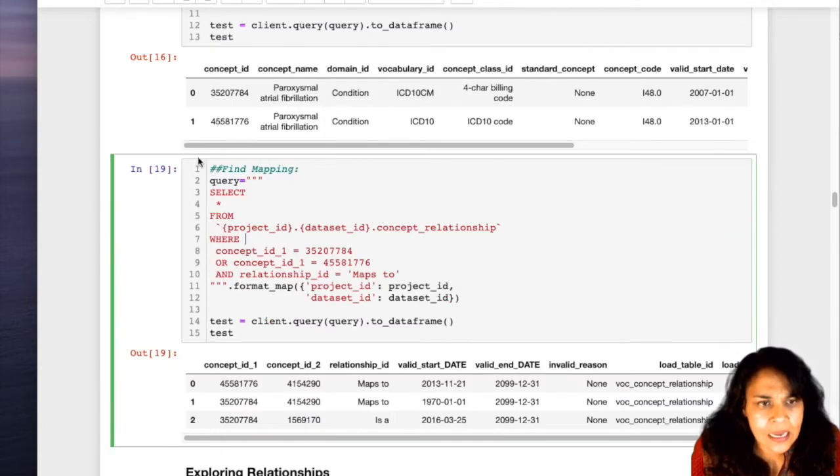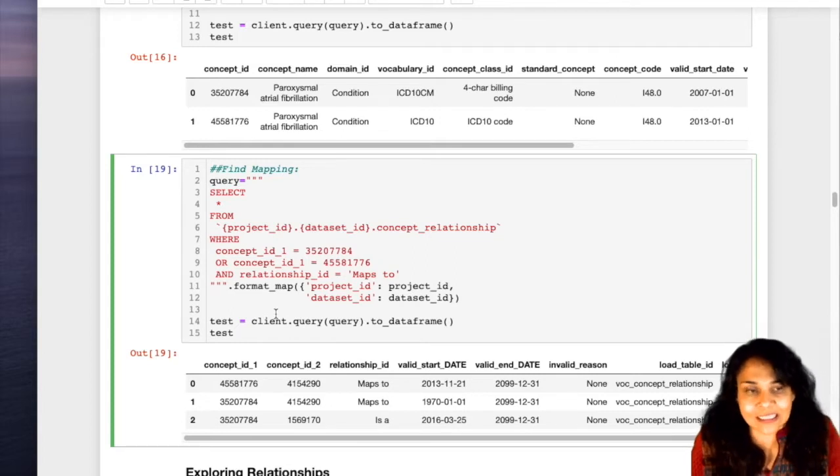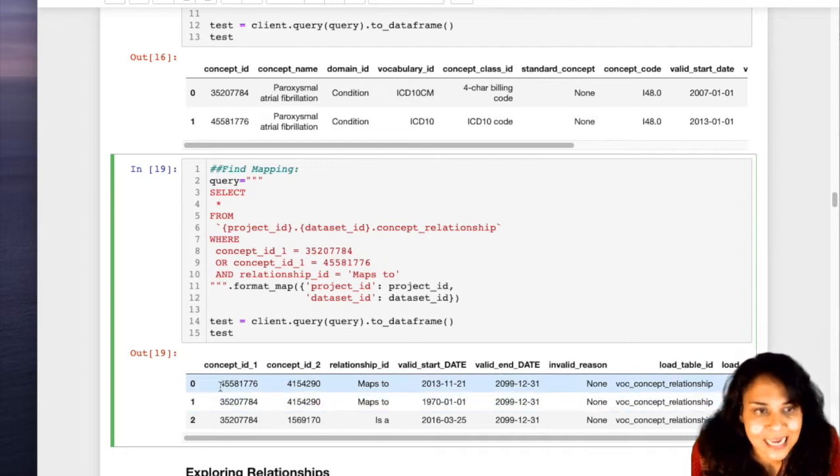If you try to do a maps to relationship in the concept relationship table to see what the standard concept ID is, you find that the standard concept ID it maps to here is 4154290.